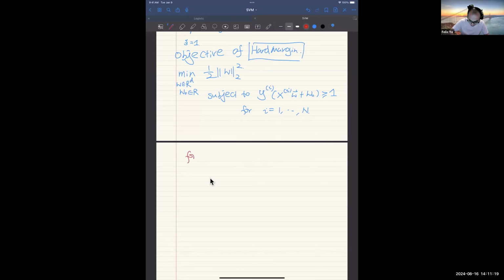So for soft margin, what I'm going to do is keep everything the same as for hard margin. So we still try to minimize the square of the 2 norm of W, but I need to add one more term, which is lambda times the summation of i from 1 to n of c of i.